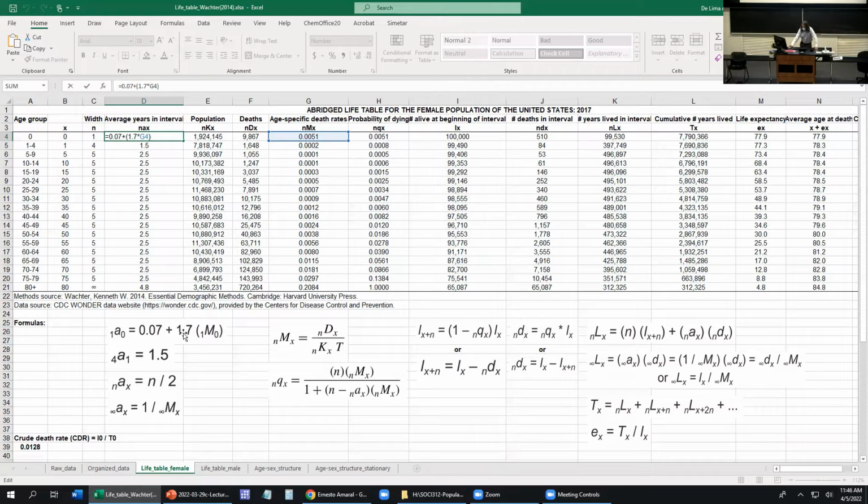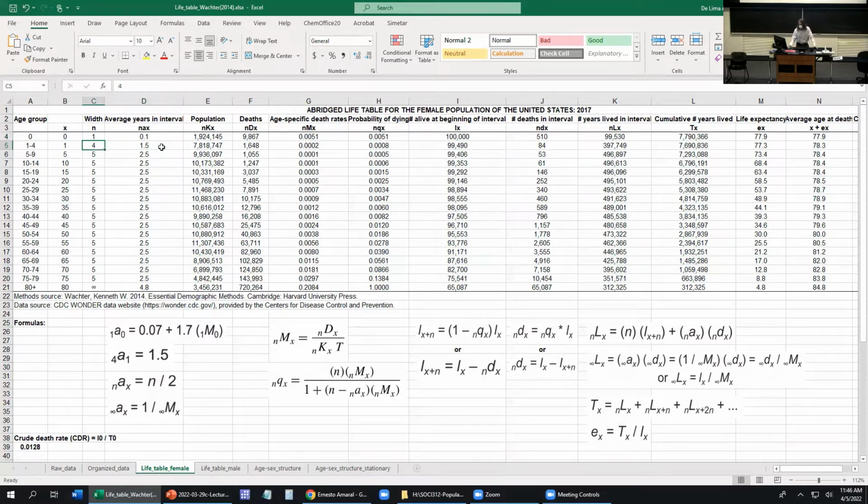0.07 plus 1.7 times the mortality rate from 0 to 1. So it's calculated there. Also, children who die between the ages of 1 and 4 will die closer to age 1 than to age 4.